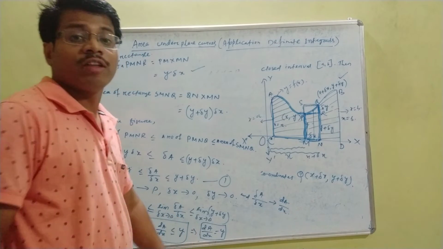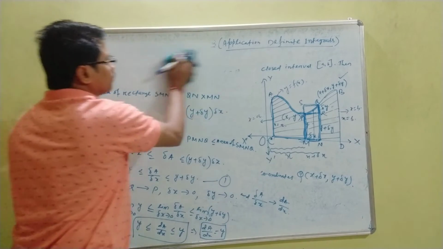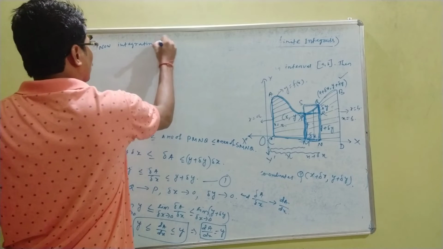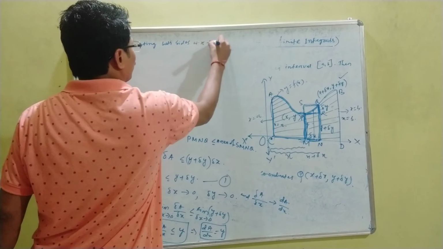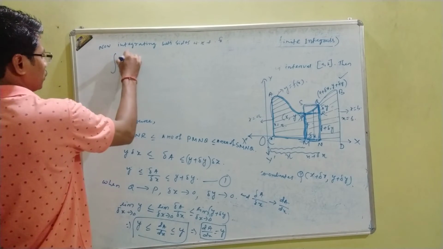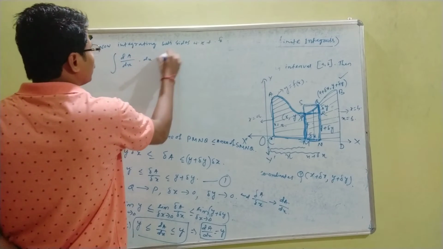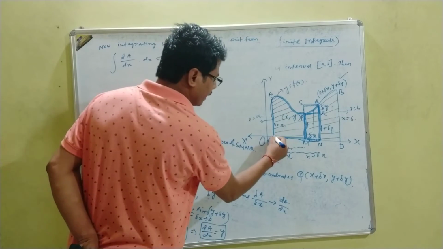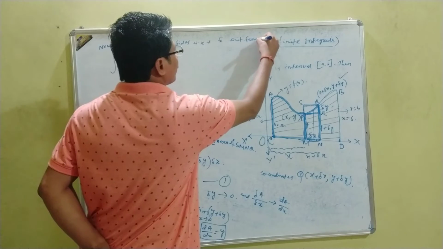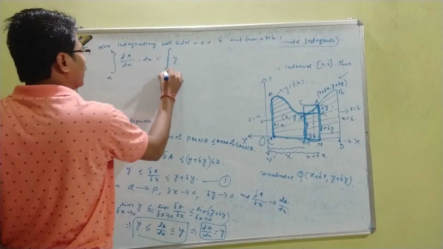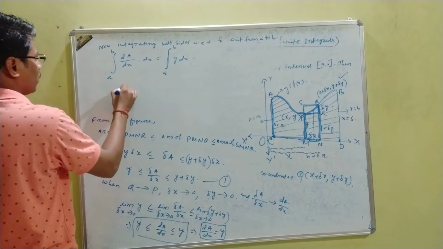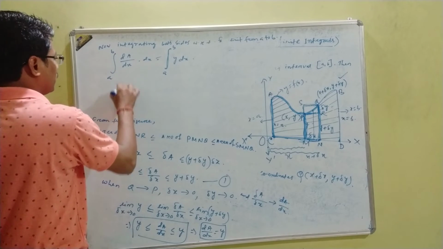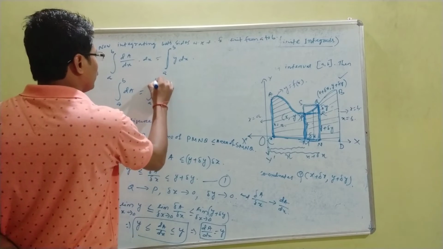Integrating both sides with respect to x, the integration of dA by dx into dx equals the integral of y dx, with limits from a to b, where this point is A and this point is B. The integration of dA from A to B is the integration from A to B of y dx.